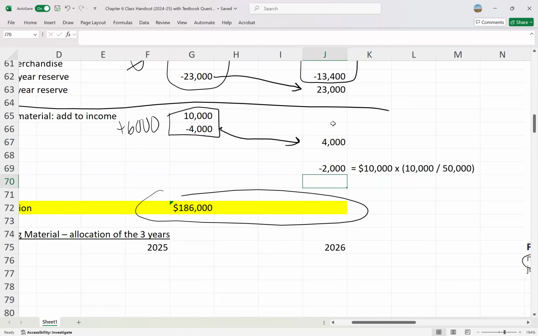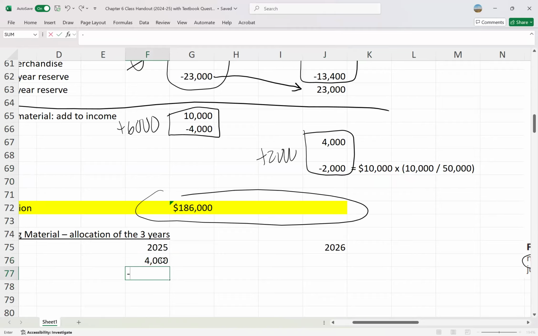So if you look at the net impact here, we add back last year's reserve. We take another reserve of 2,000. So we're bringing in a net amount of 2,000 to income. And if I just put the numbers down here under 2025, we add back the 4,000 minus the 2,000 reserve for this year.